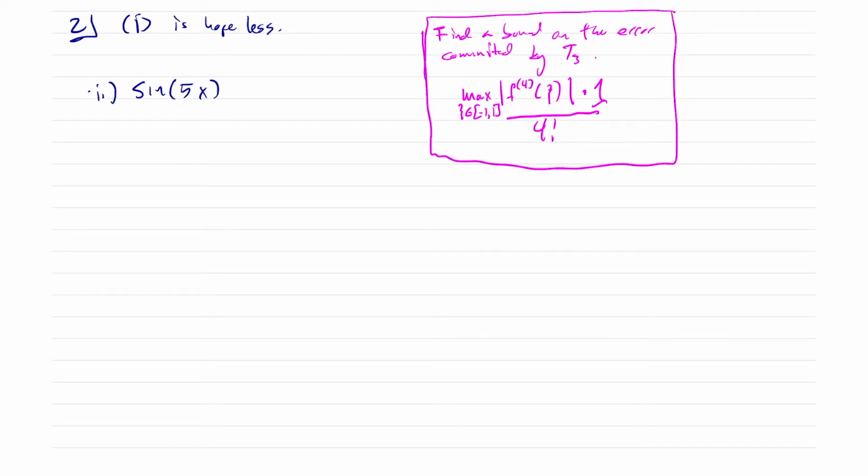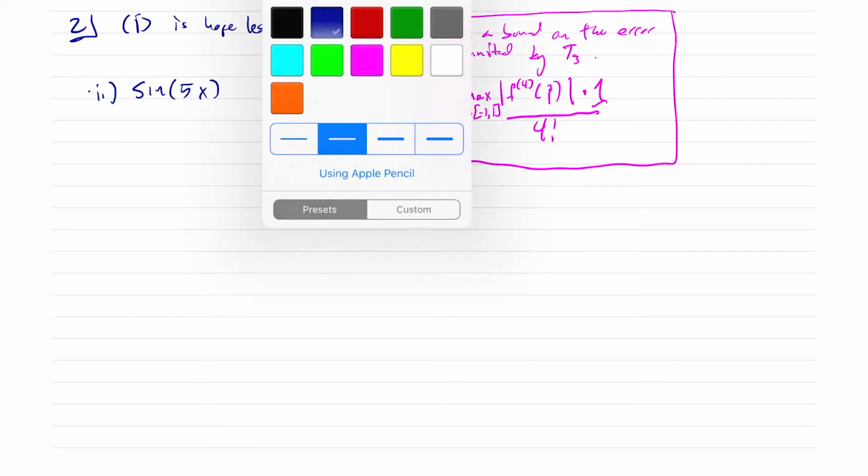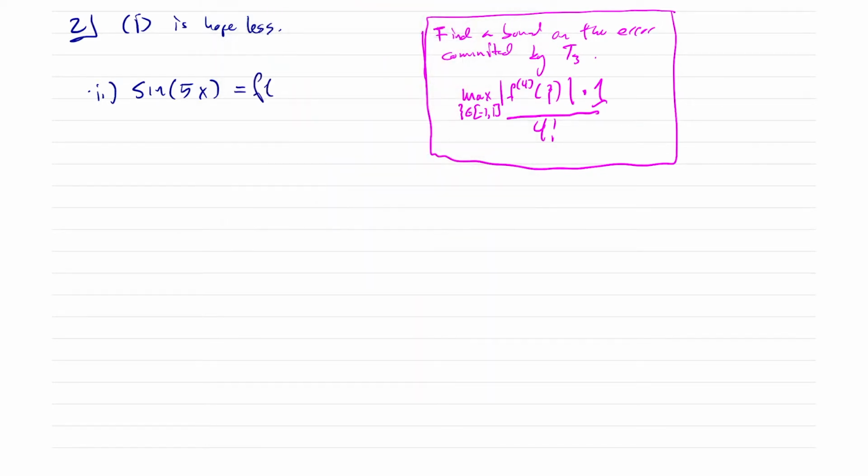So for sine, that's actually pretty easy. Remember we're just calling this f of x. Then f prime of x is equal to 5 times cosine of 5x, and f double prime of x is equal to minus 25 sine of 5x.